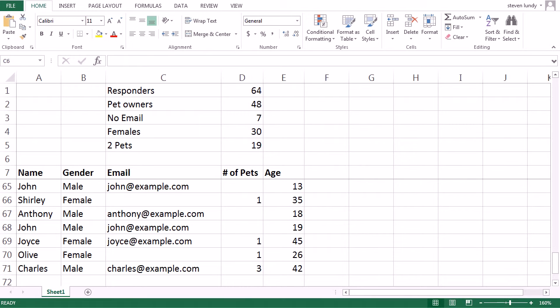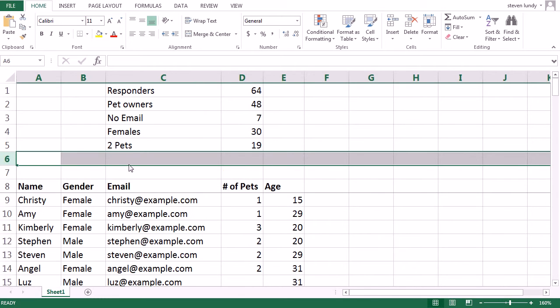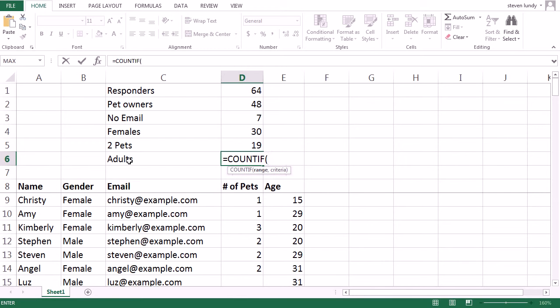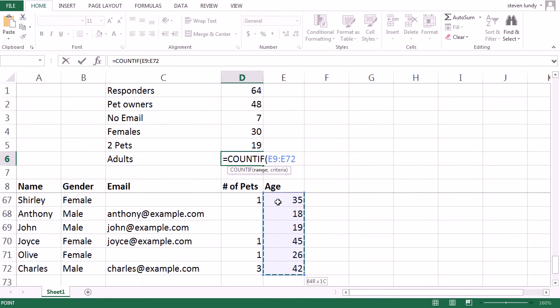When we use COUNTIF with numbers, we can also set conditions to check if something is greater or less than something else. If we wanted to count the number of adults that completed the survey, we could write a function like equals COUNTIF, select our range, and check if they are greater than or equal to the age of 18.